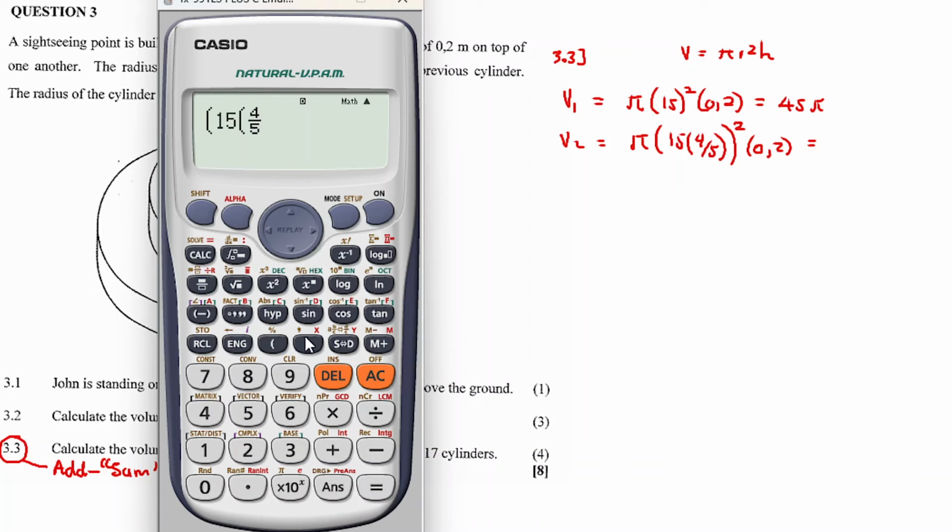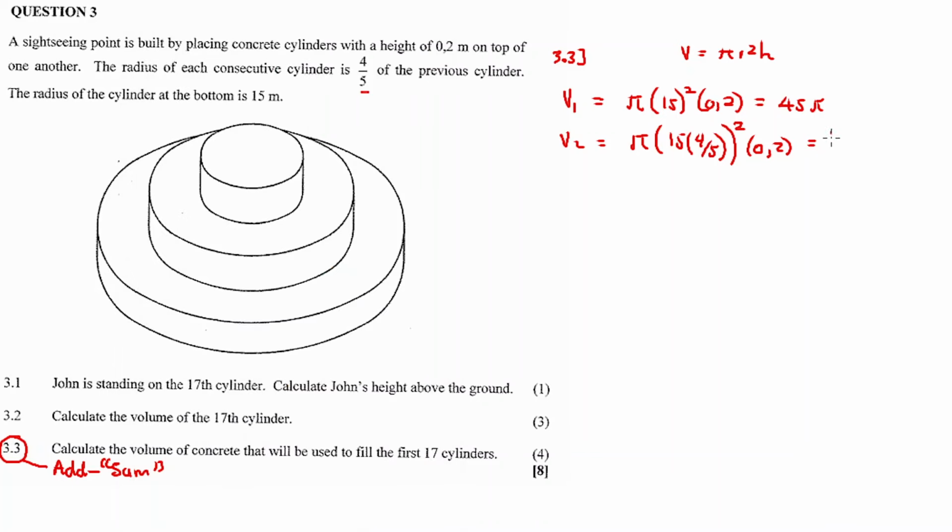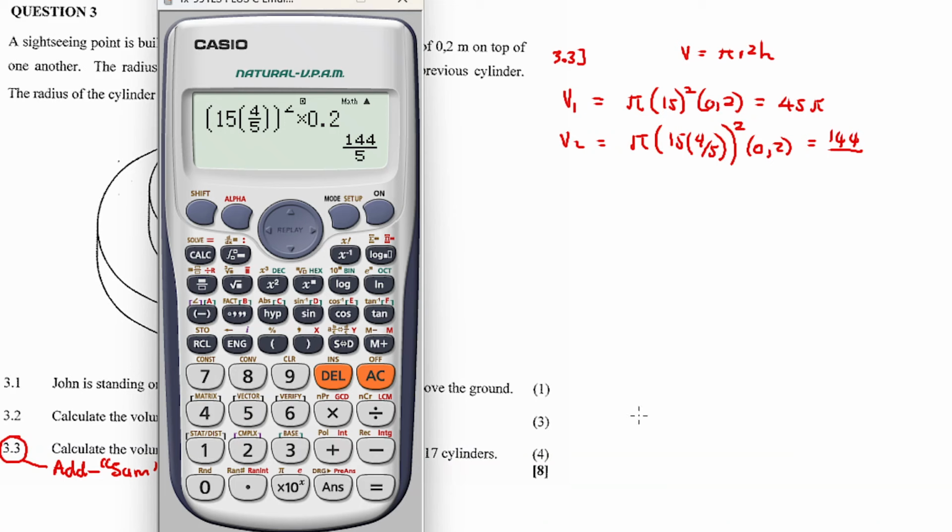If yes, we're going to leave it as is. Close this bracket, then multiply by 0.2. Okay, no problem. So it's going to be 144 over 5.